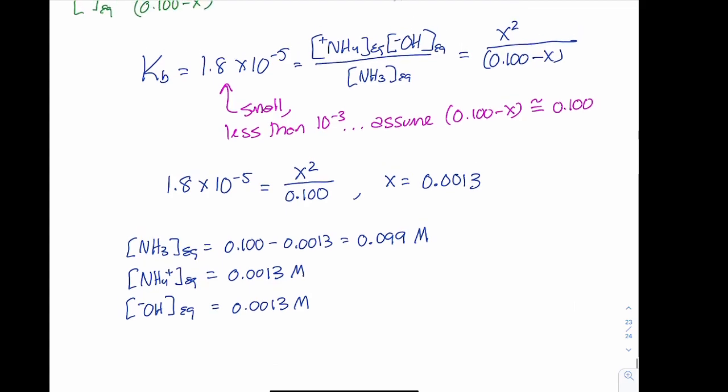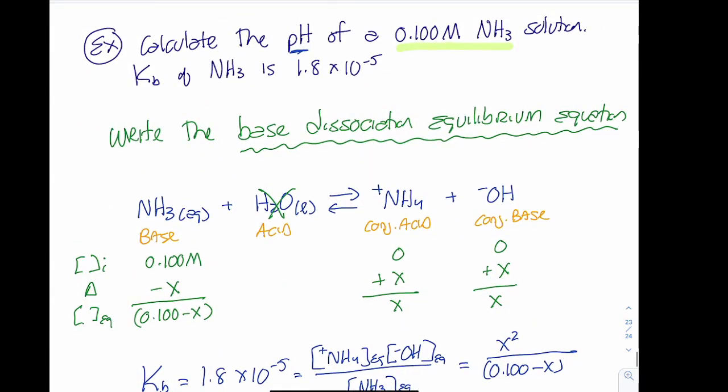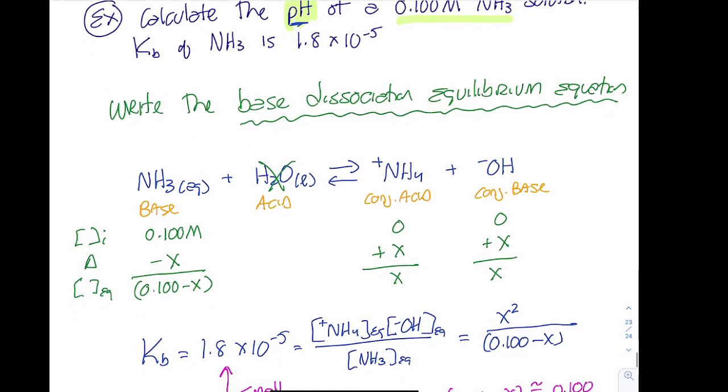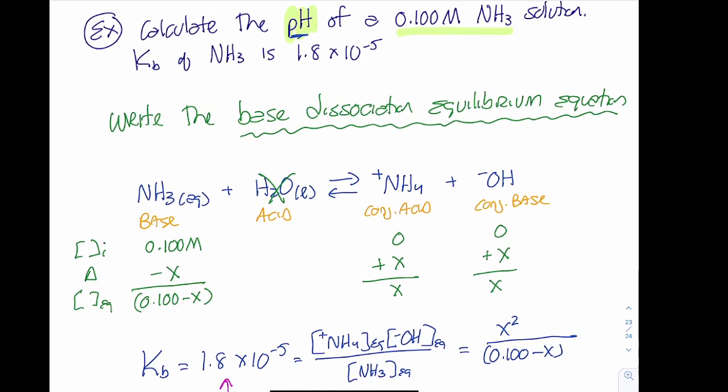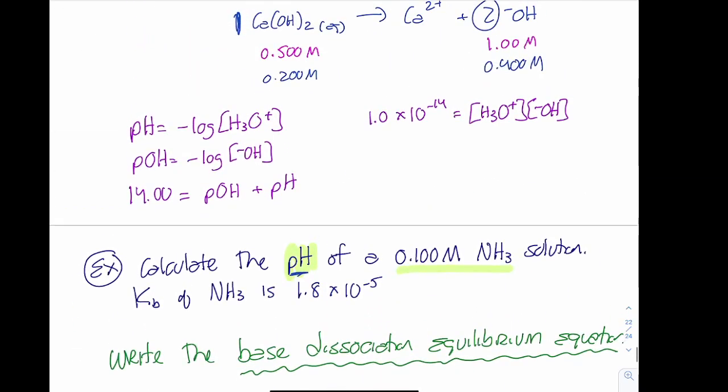So back up to pH, right? Remember, pH is the negative log of my hydronium ion concentration. When I'm doing this with weak acids, X is my hydronium ion concentration. When I'm calculating it with a weak base, X is actually my hydroxide ion concentration. So we can go back up to this little list of things that we know to calculate our pH.